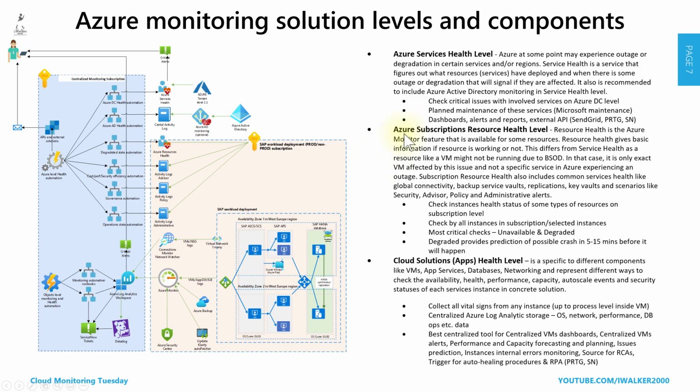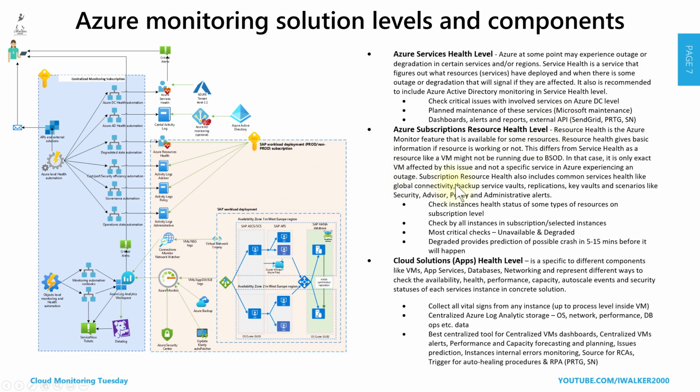No questions. Okay. So the second level is also important, and even more important than when you collect just CPU counters or memory counters, etc. Why? Because in Azure you can do the resource health check, resource health level.